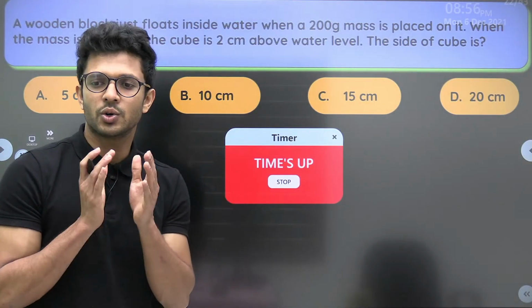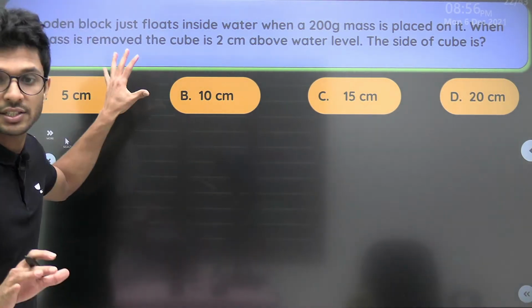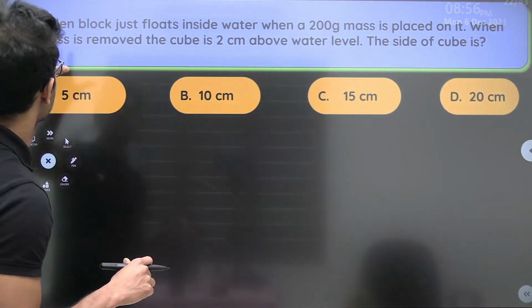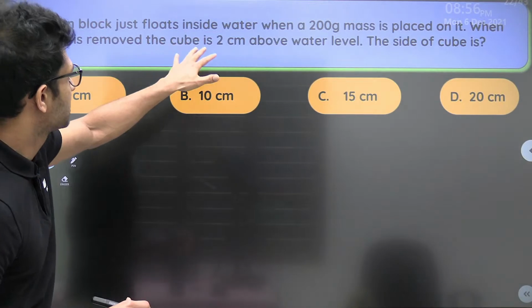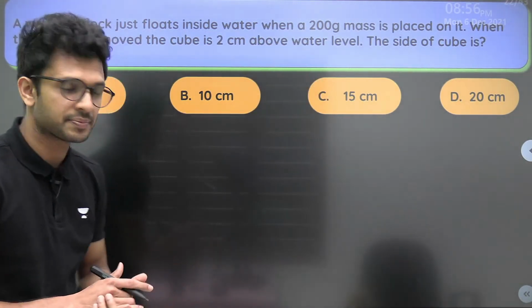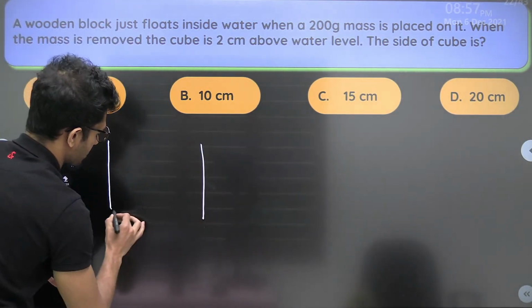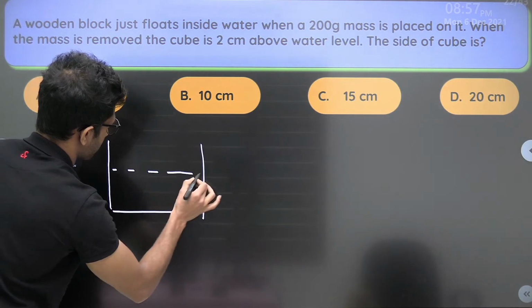So here we go. Yes, the correct option is B. Everyone, let's do it together. A wooden block just floats inside the water when 200 gram of mass is placed on it. Draw the figure. Everyone draw the figure. Fluid.